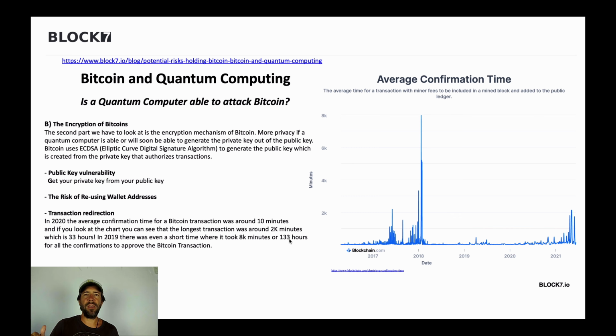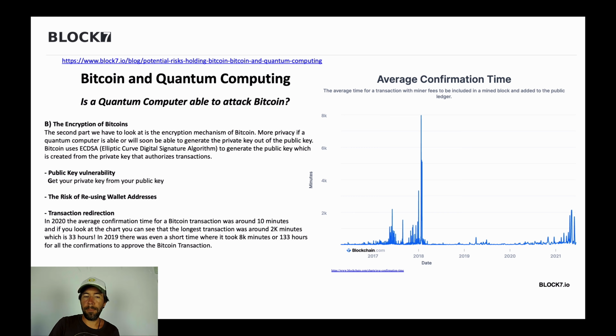So theoretically, if a Bitcoin transaction takes more than 8 hours, it could be in the future that a quantum computer would be able to get your public key, calculate your private key out of that, and then what the owner could do is put in a higher fee and get the transaction faster into the queue, and then because he has your private key, he can sign it again and send it to his wallet basically.